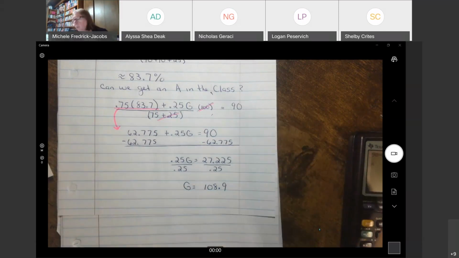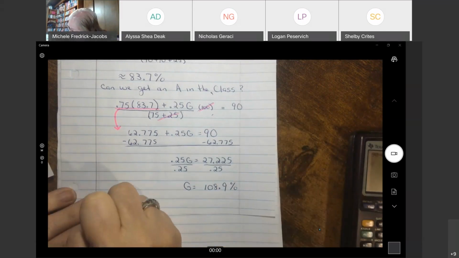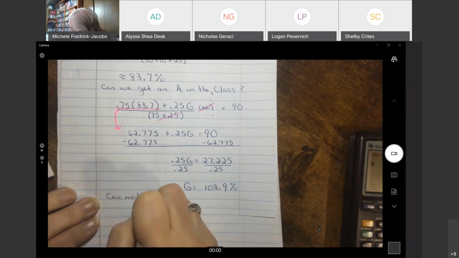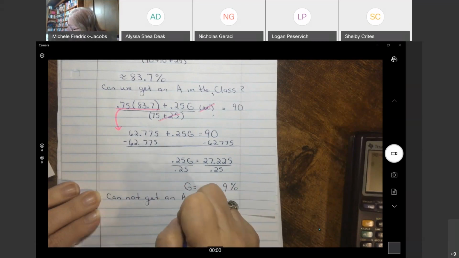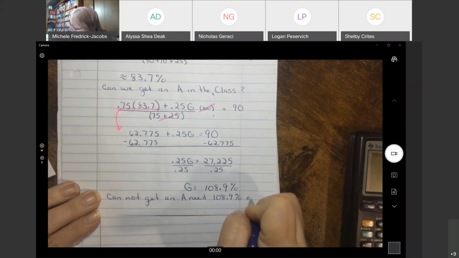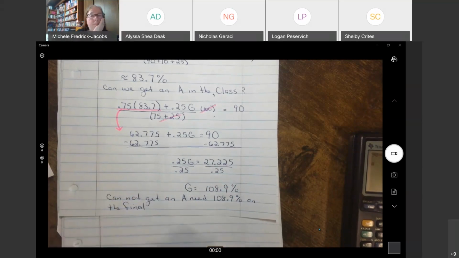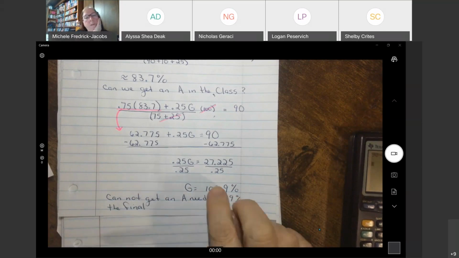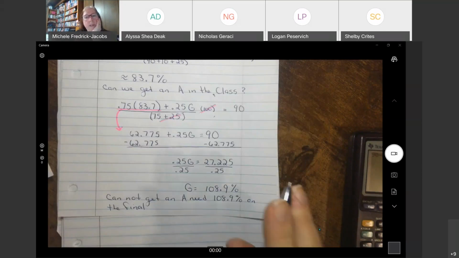So unless there's extra credit, there's no chance of getting an A. So since this was over 100%, we can't get an A. Did we get a B? Are there any questions on this part?